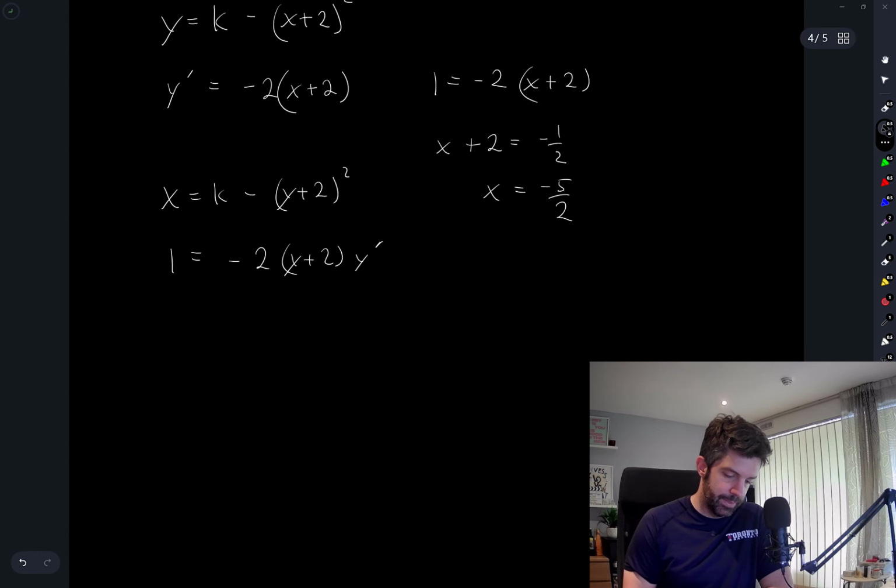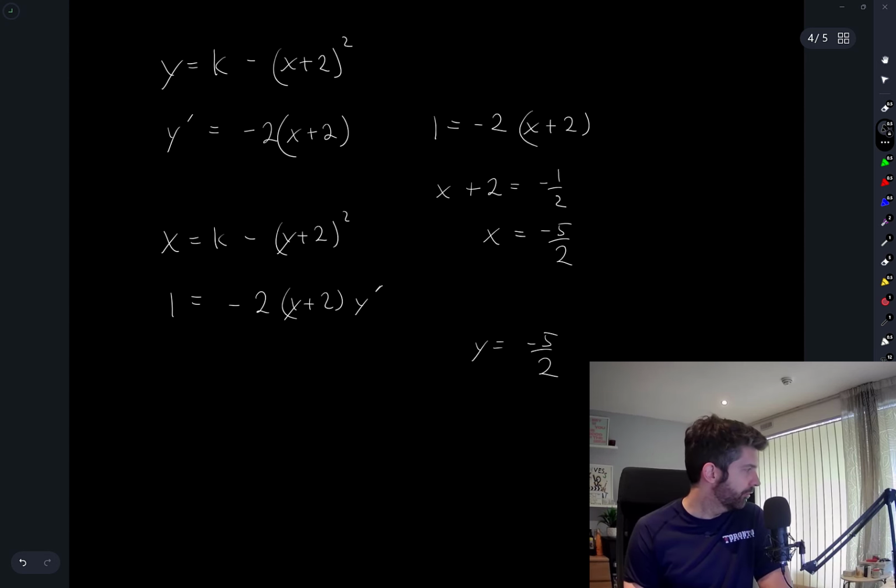And again, if I take this equation and set y prime equal to 1, I should also get y is equal to negative 5 over 2. And we knew that x and y have to be equal for this intersection to do what we want it to do. Wait, is that even necessarily true?